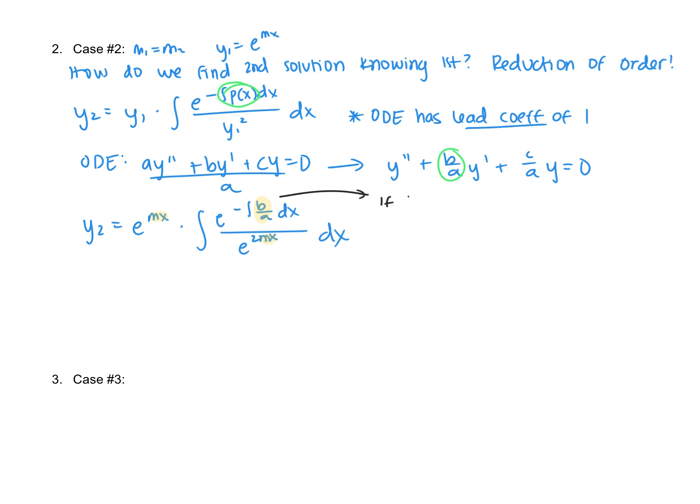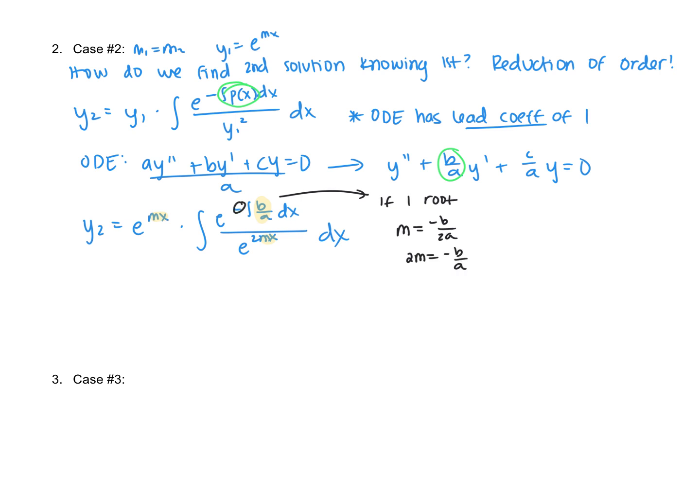Well, if we have one root, we know that that root happens at the vertex, so we know that our m has to be negative b over 2a. So if we're thinking of a quadratic, and we know that that quadratic has only one root, that root has to happen at the vertex. So what that gives us then is that 2m is equal to negative b over a.